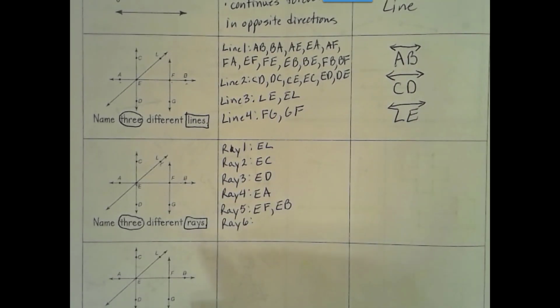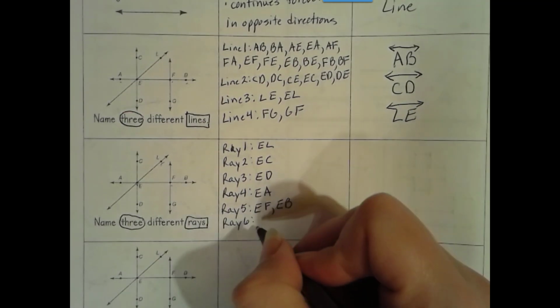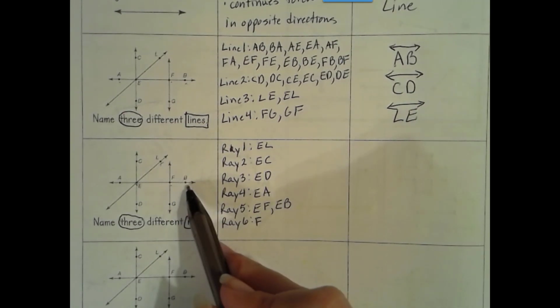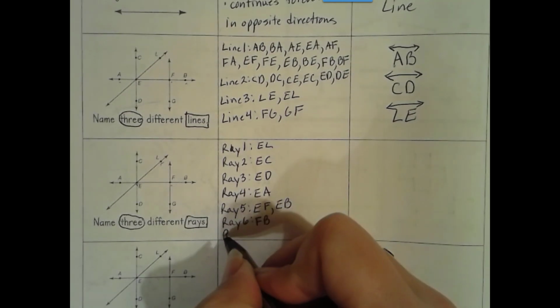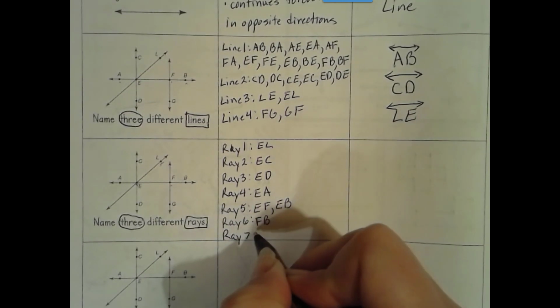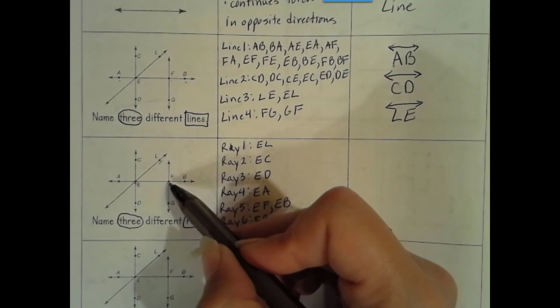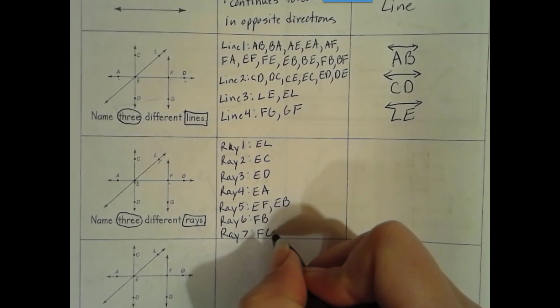Just to get down some more options. I could also look at this one. With F being the endpoint, I could have FB. I could have this one be the endpoint going down, FG.